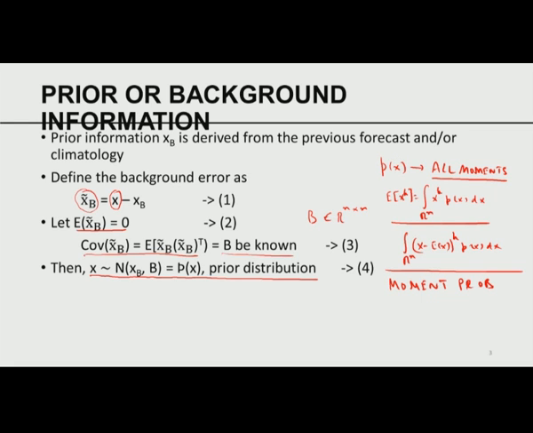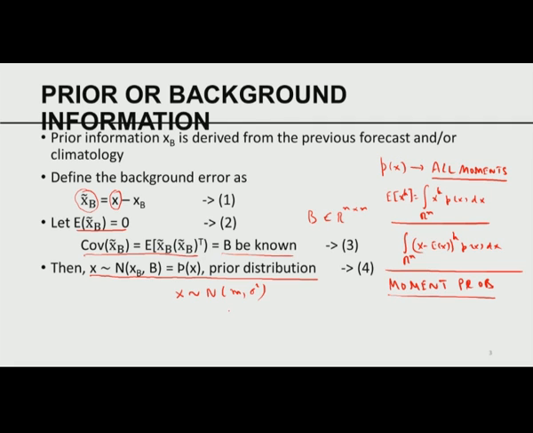So within the context of this moment problem, I want to mention that the normal distribution, the Gaussian distribution, is the only distribution that is uniquely determined by the mean and the variance. Why? If I say x is Gaussian, x is uniquely decided by the mean and the covariance or the variance.